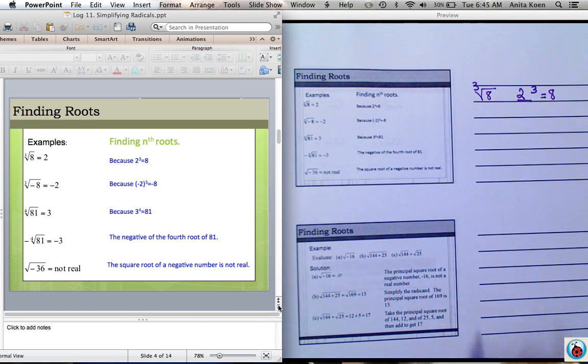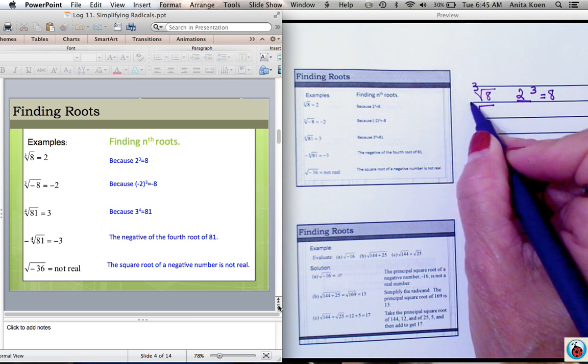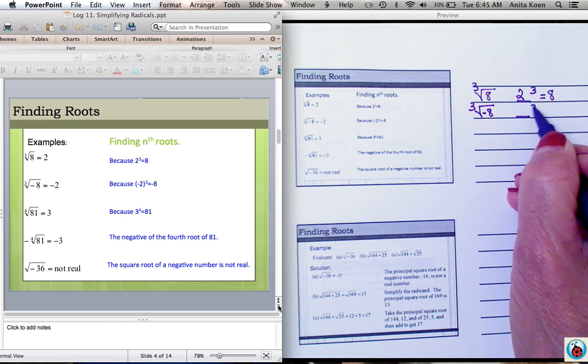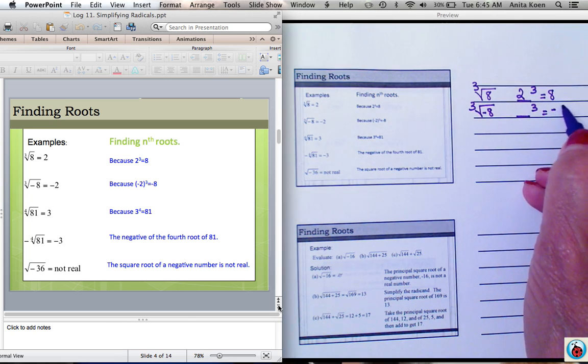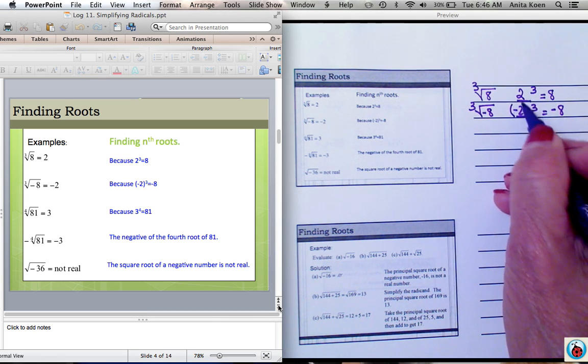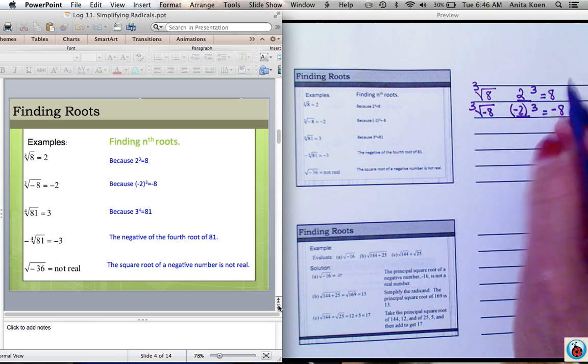Okay, the second one is the cube root of negative 8. It's asking me what number raised to the third power is equal to negative 8. Well, that answer would be negative 2, because negative 2 times negative 2 times negative 2 is equal to negative 8.